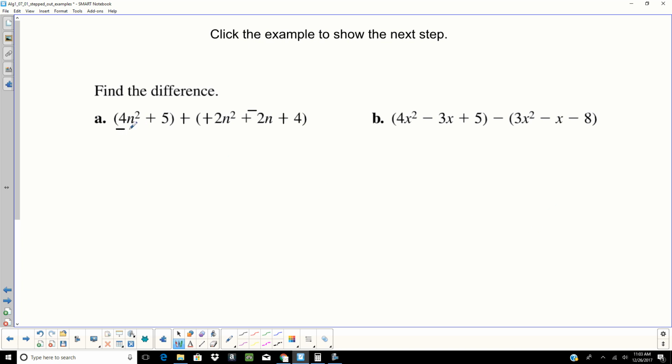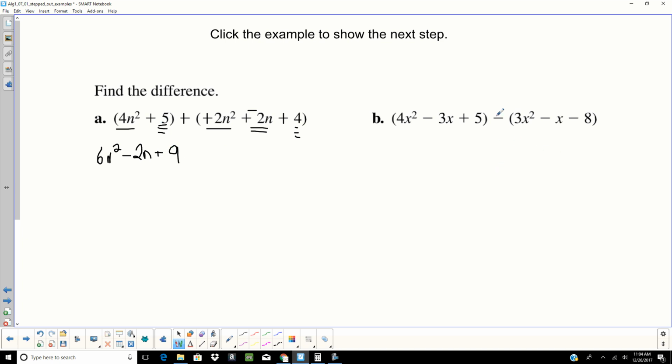So 4n squared plus 2n squared is going to be 6n squared. That minus 2n doesn't have anybody to join up with. And then the 5 and the 4 are going to join up and become 9.